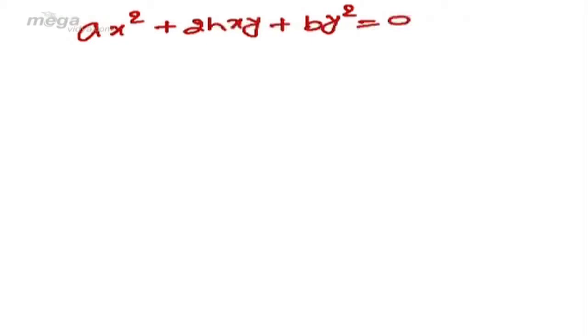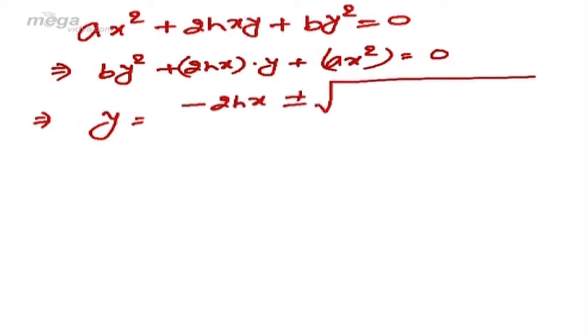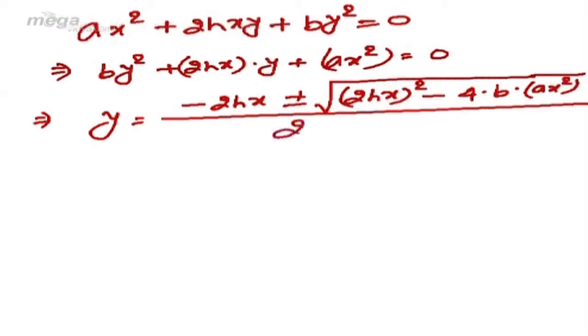So I'm solving here for y. See, here you can write it as by square plus 2hx into y plus ax square. For y, because it is a quadratic equation in terms of y, we can solve using the quadratic formula: y is equal to minus b plus minus root under b square minus 4ac divided by 2a.